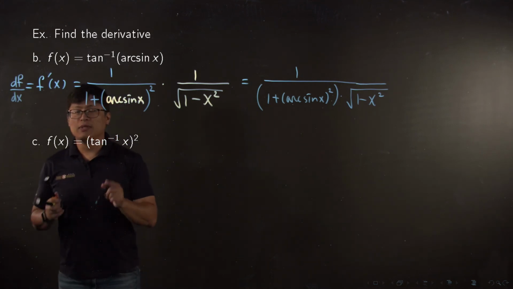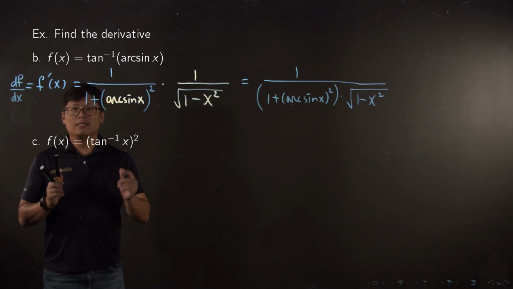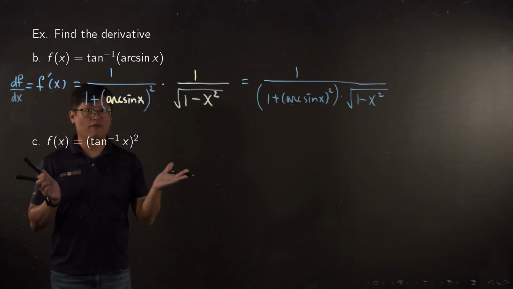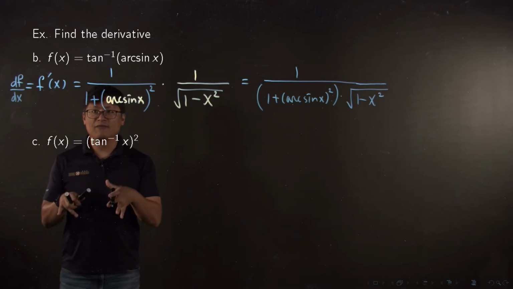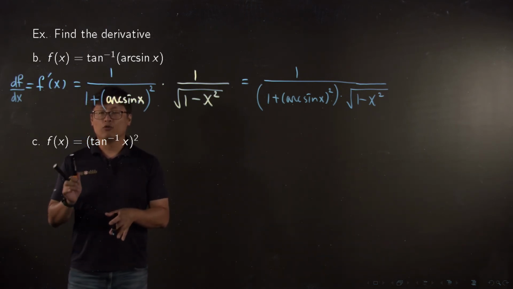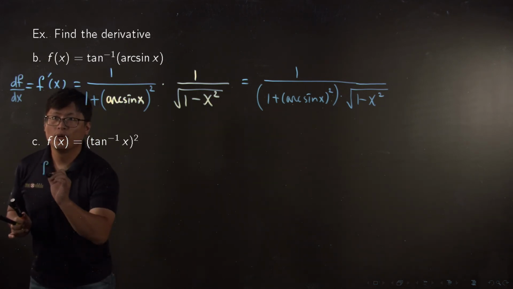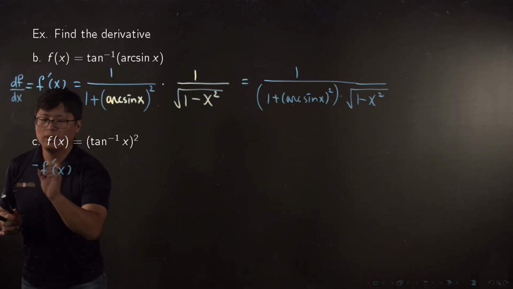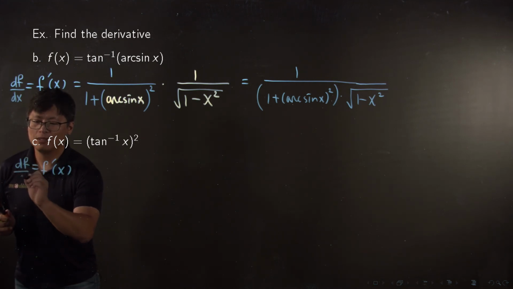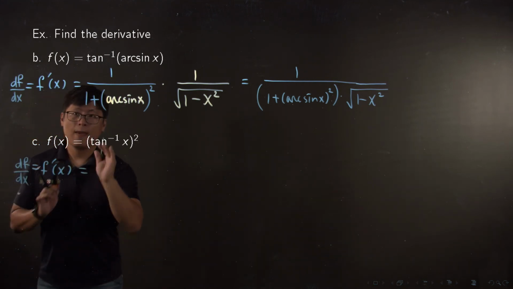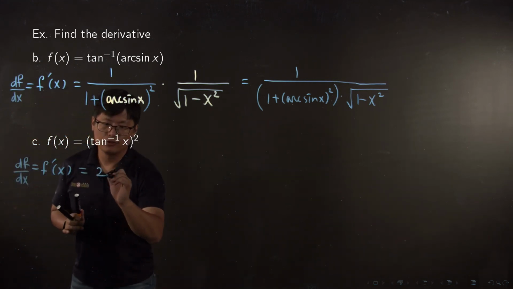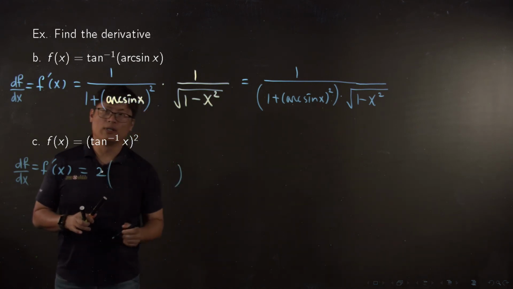What about the next problem? This problem is also a chain rule problem. The outside function is just a power function, which is squared, and the inside function is tangent inverse x, which means a two-layer chain rule problem. Here we go. So f prime of x or df dx is equal to the power, 2, and to the 1, where 1 is invisible.